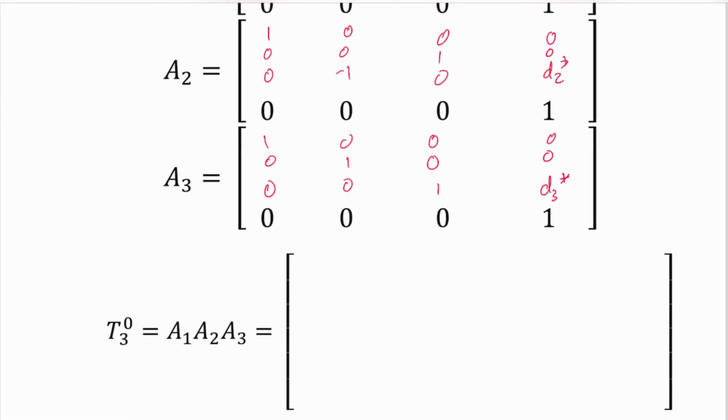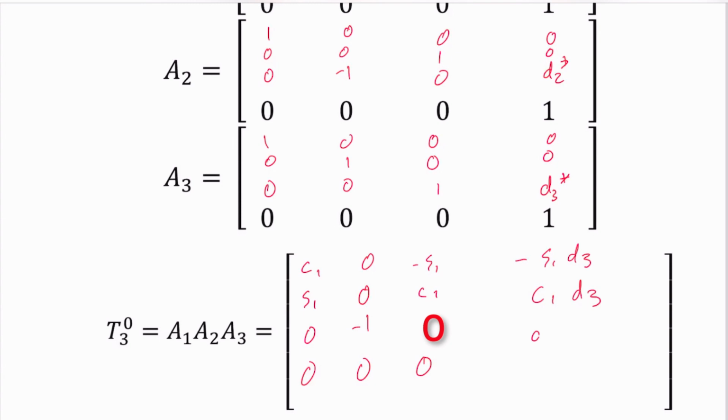Then I'm going to spare you the excitement of multiplying this out and just tell you that it's cosine 1, sine 1, 0, 0, 0, 0, negative 1, 0, and negative sine 1, cosine 1, 1, and 0. And then I've got my negative sine 1 times d3, my cosine 1 times d3, and then my d1 plus d2 and my 1.